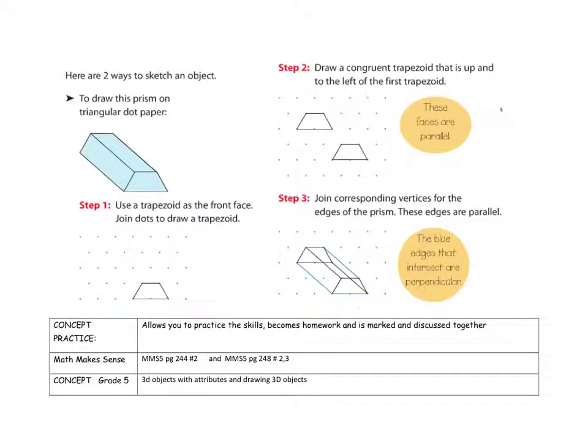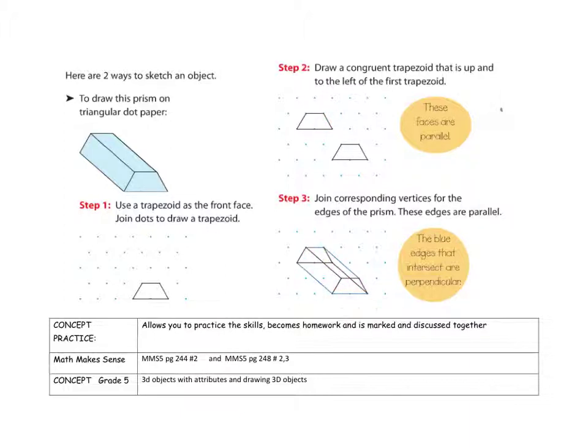All right, lastly, we're going to come to how to sketch an object. So when you're sketching an object, when it comes to being a prism, you draw the front face and the back face the same size, and then you don't draw them right on top of each other, draw one over slightly, and then you would join all of your corners.